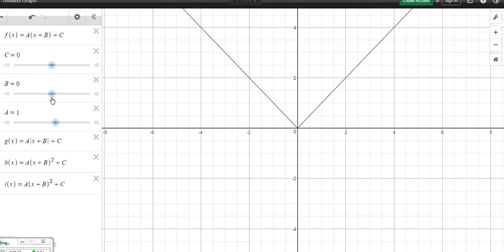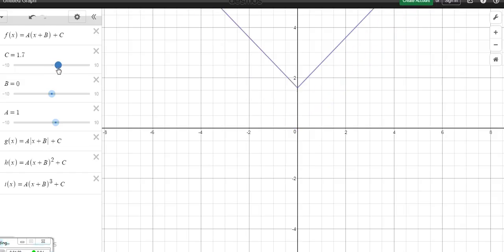The C value, again, is always that y-intercept. So notice it's going to bring that up and down. If I bring my C value up and my B value down, notice from the original origin, it's both up and to the right. So I can change both my C and my B value.